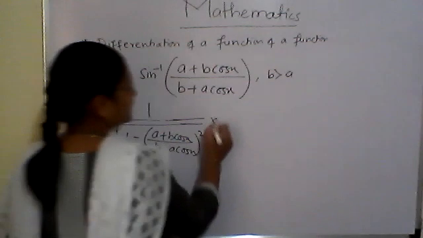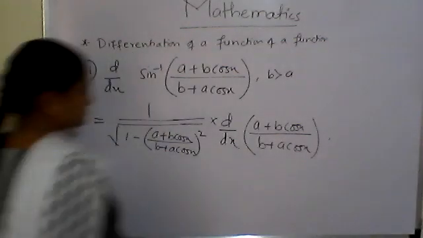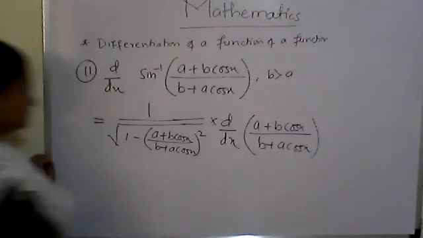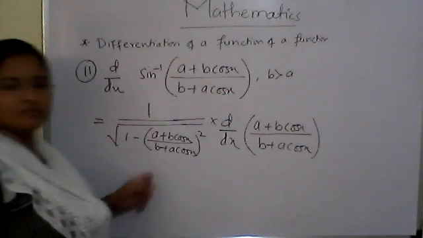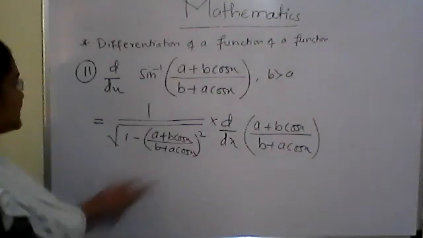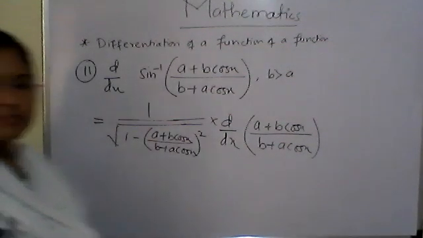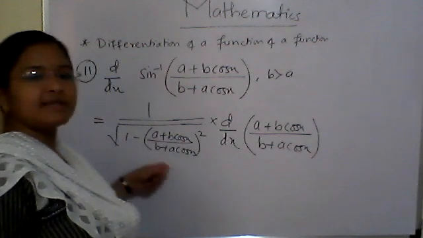Multiplied with derivative of a plus b cos x upon b plus a cos x. Now tell me this derivative. What is the derivative? And this also you have to simplify. Simplify this also.